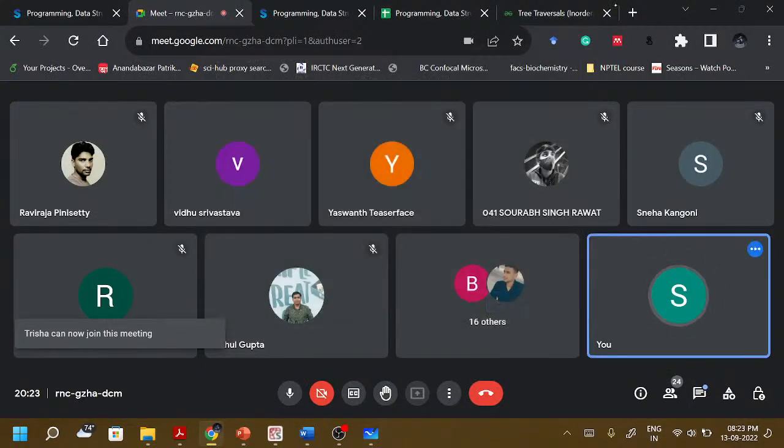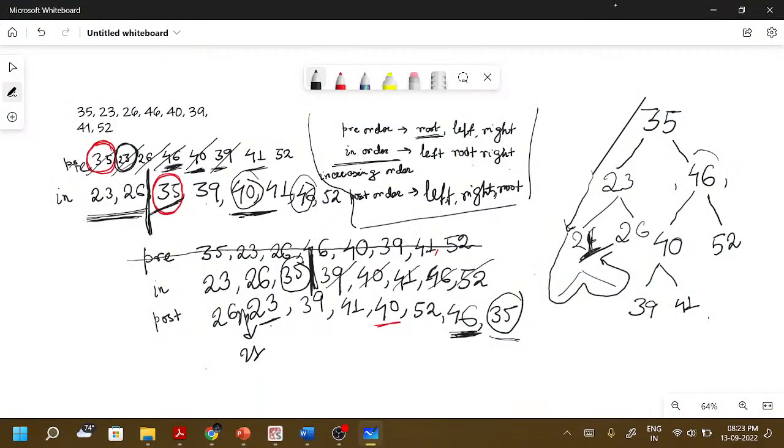Oh, okay. Yeah, it should be left, right, root. My bad, sorry. 21 actually should be here.